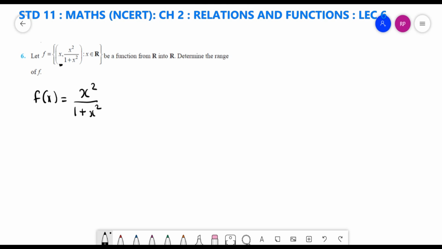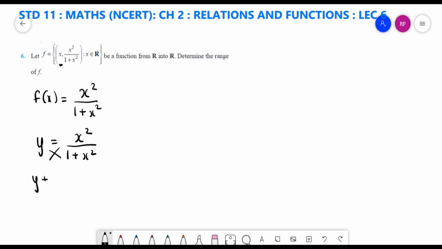So what I will do is take y equal to x square upon 1 plus x square. Whenever we want to find out the range, we do it this way. Now remember, this value can never be equal to 0, because it is 1 plus x square. x square is always positive, and any positive number added to 1 will never make it 0. Clear?